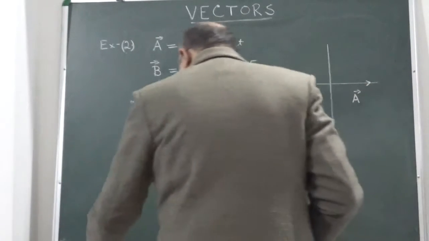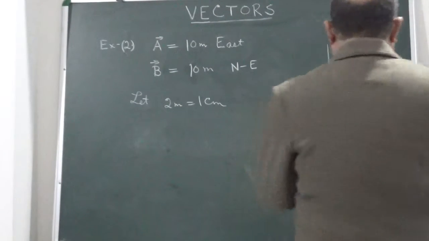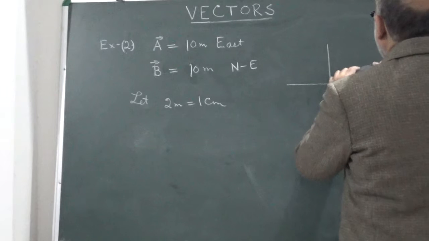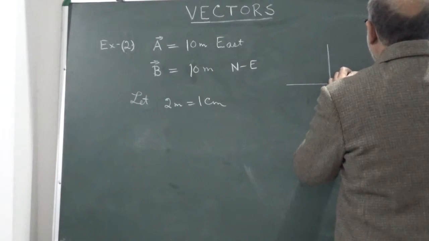The northeast means making 45 degrees with east and 45 degrees with north.